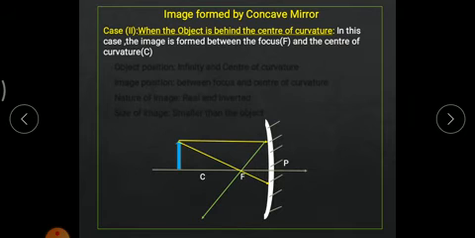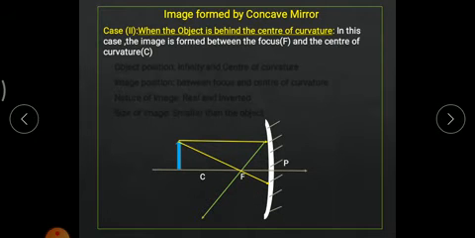Again, I have to take another ray, since the object was over here. This was the second ray of light. As per the second rule, this is the incident light ray. Whenever the incident light ray passes through the focus, the reflected light ray would be parallel to the principal axis.